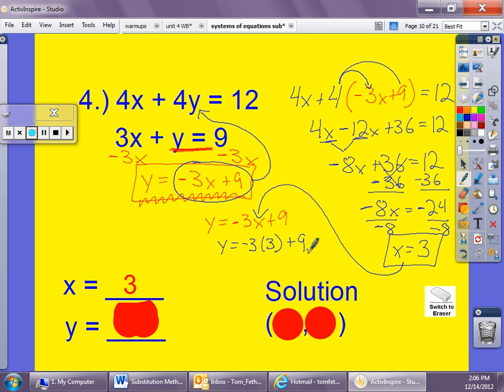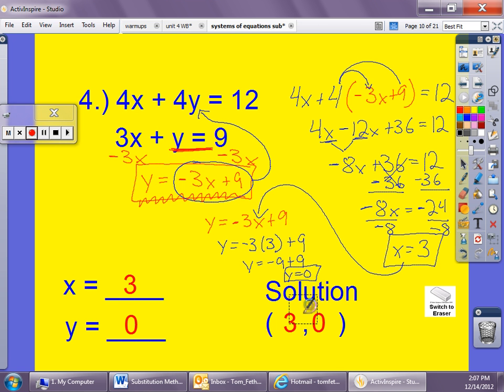Well, negative 3 times 3 is negative 9. Negative 9 plus 9, y equals 0. So our y value will be 0. So our solution is x equals 3 and y equals 0. And y will not always be 0, it just happened in these last two problems.